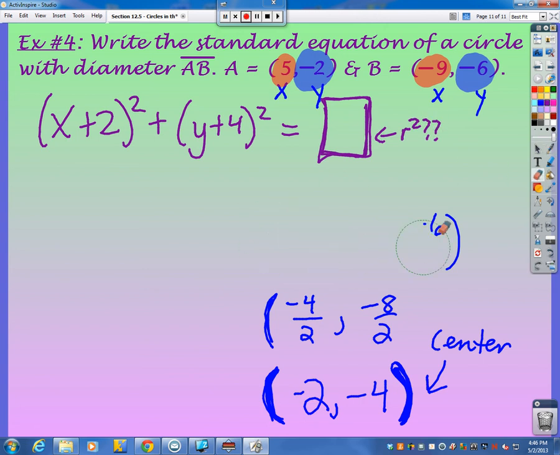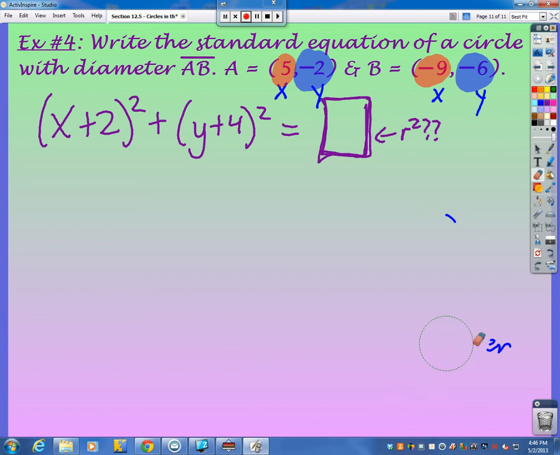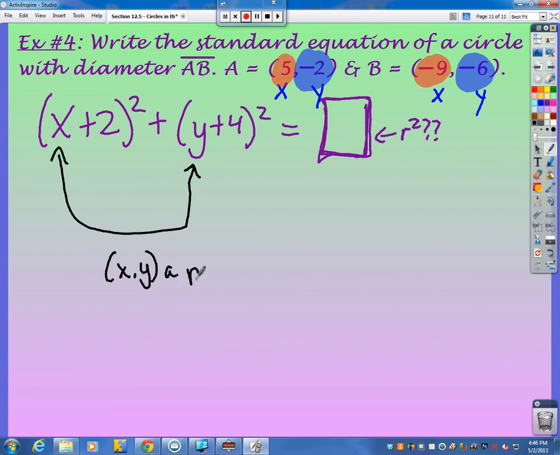All right, so let me clear this off. And again, we got some options. We could calculate the distance between these 2 points. We could use the Pythagorean theorem again like we did before, but I'm going to challenge you to use the last method I showed you in the last example. Okay, I said this x and this y collectively represent not really a point, but really any point on the circle.